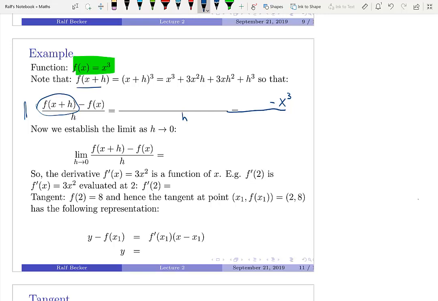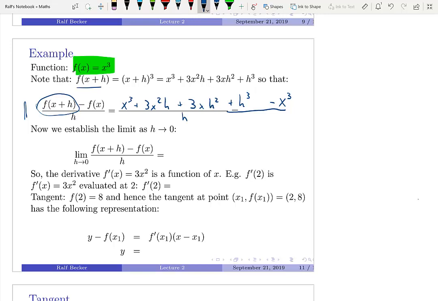So let's see what it is. So instead of x cubed, we have x plus h cubed, and if you then calculate this out, you get this term. You can try that yourself, but I'll take a shortcut and just copy that solution in here, but that's just some basic algebra to establish that.